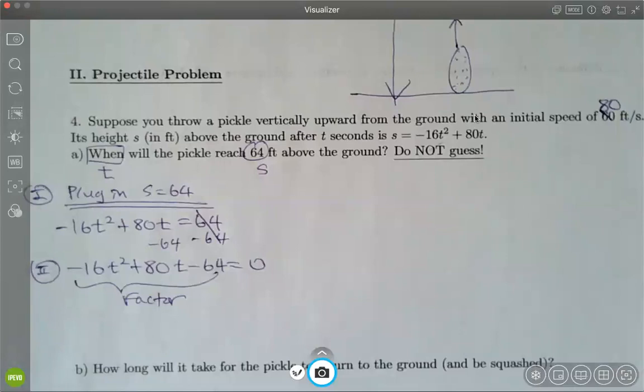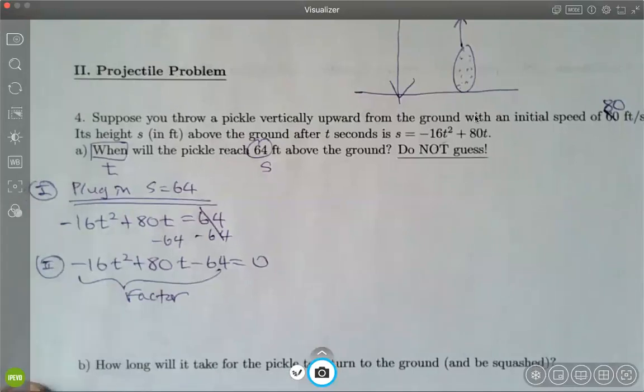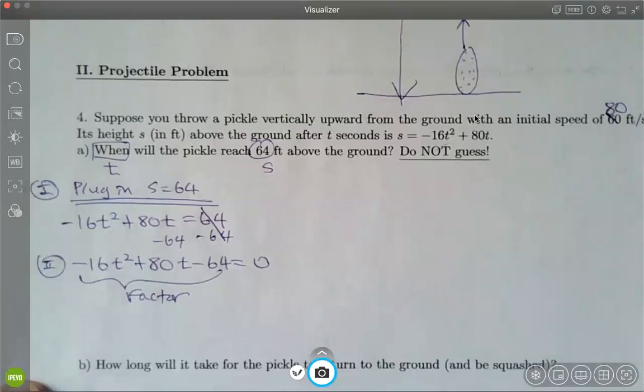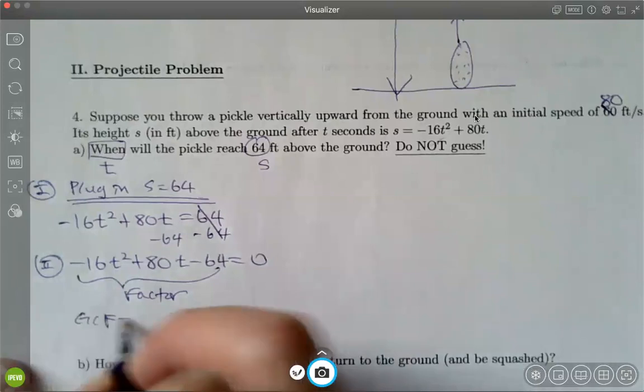There is only one thing that can be pulled out. So there's no bigger number than 16, but you can also pull out something else. Negative. The negative sign, yes. So the GCF is negative 16.